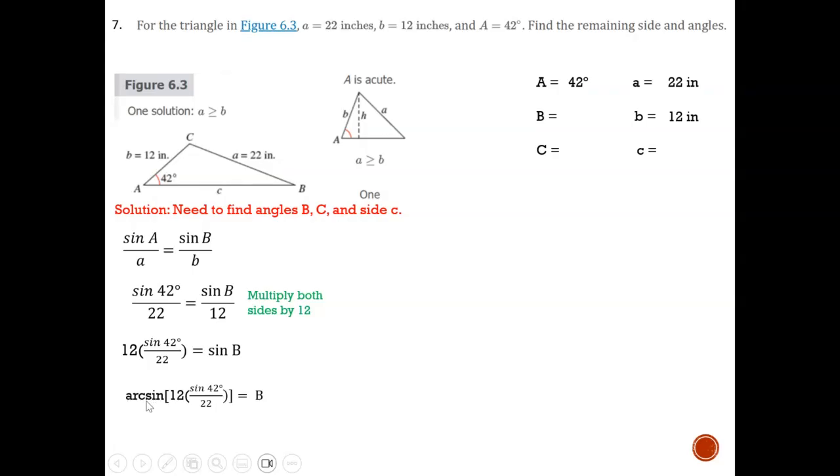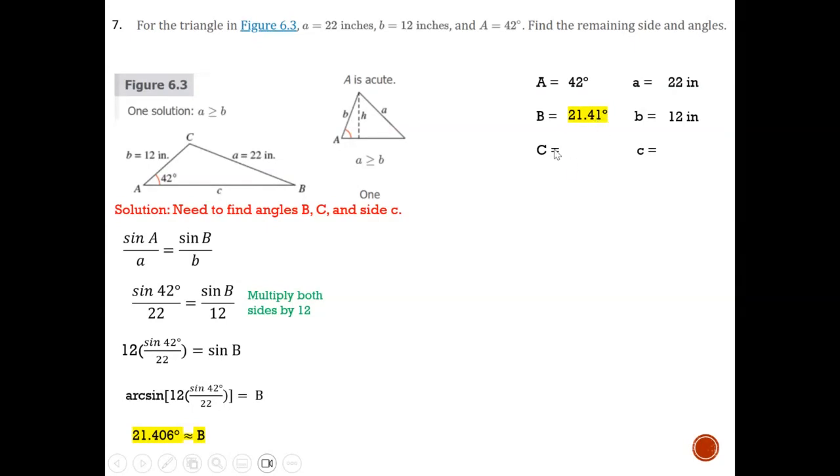So you can enter in your calculator, guys, arcsine, parentheses, 12 sine of 42 degrees over 22, close it, parentheses, close it again. You're going to get 21.406, round it to two decimal places, we get 21.41.